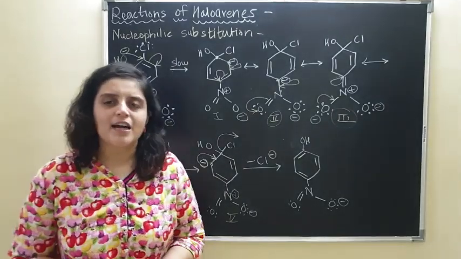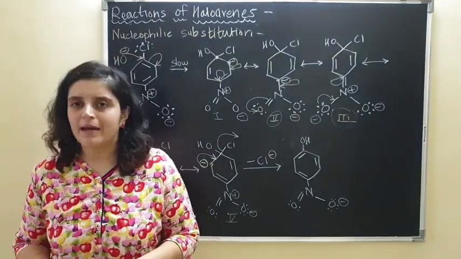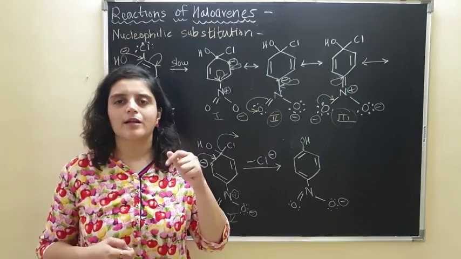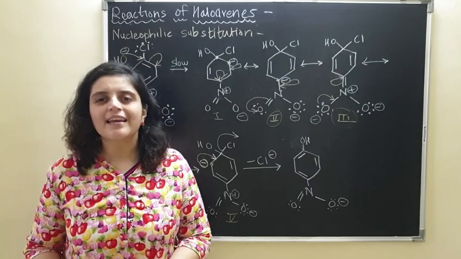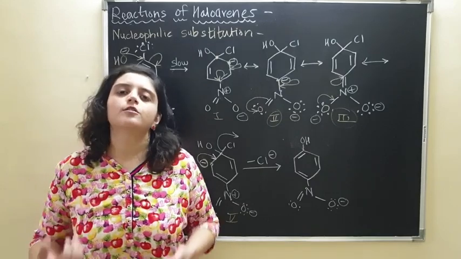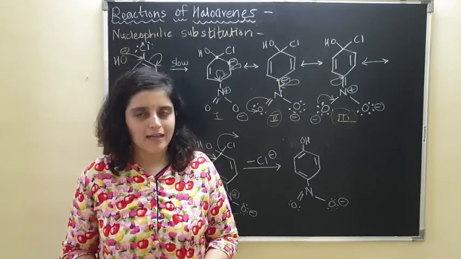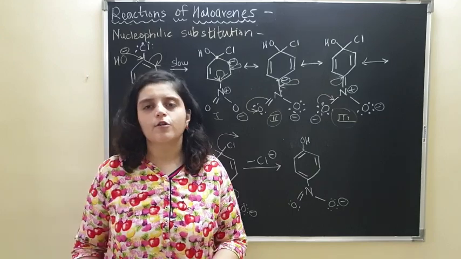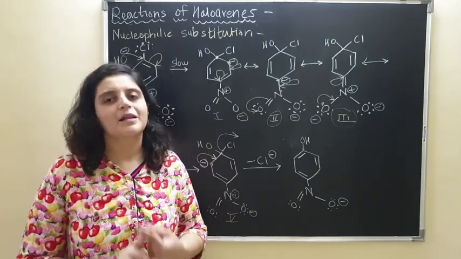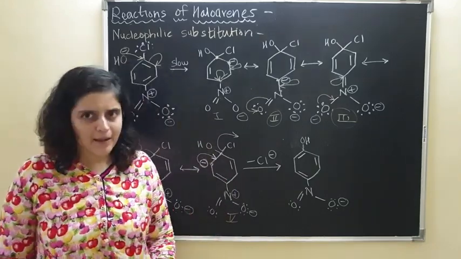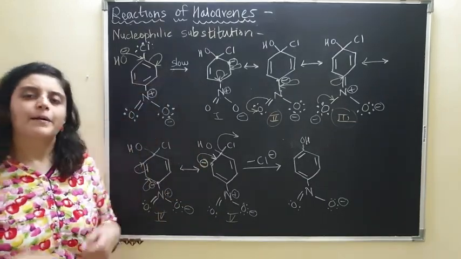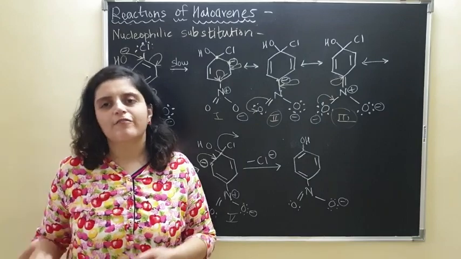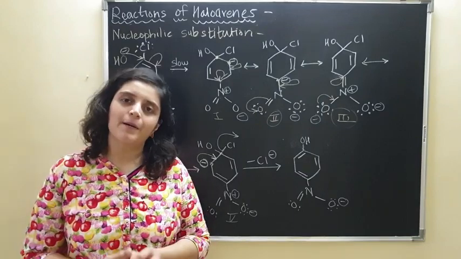So the negative charge is located only at ortho and para position and no negative charge is located at meta position. So अगर meta position पे negative charge है ही नहीं तो वो वाला ग्रुप किसको विड्रॉ करेगा? उधर इलेक्ट्रॉन्स है ही नहीं तो इलेक्ट्रॉन विड्रॉइंग ग्रुप उधर प्रेजेंट होने का कोई मतलब ही नहीं बनता, because even if the nitro group was at meta position, उसके पास इलेक्ट्रॉन विड्रॉ करने के लिए इलेक्ट्रॉन्स अवेलेबल ही नहीं है.